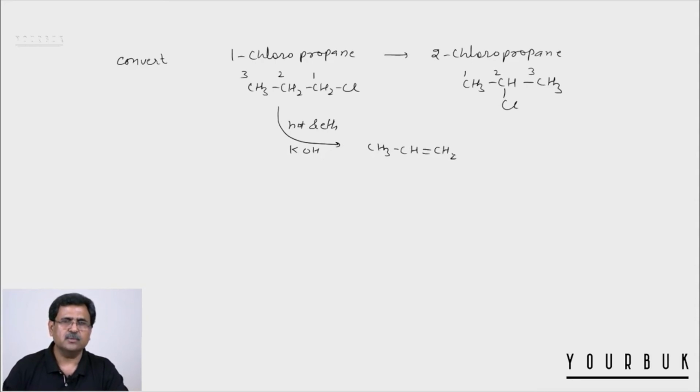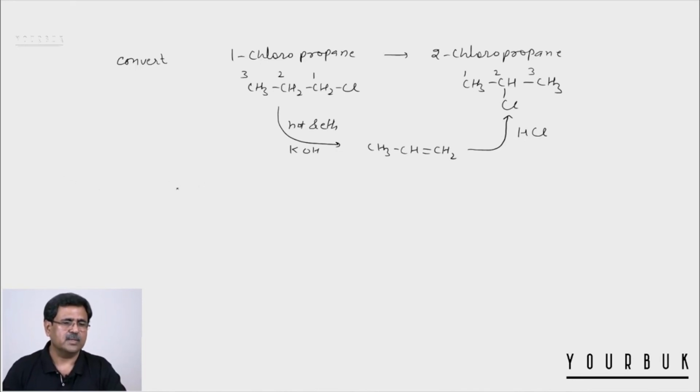Now after this, you decide whether you have to follow Markovnikov or anti-Markovnikov's rule. Since our aim is to prepare 2-chloropropane, we cannot prepare it by anti-Markovnikov addition. So we use HCl and we follow the Markovnikov rule. So the addition of HCl in the second step in this conversion takes place according to Markovnikov's rule.